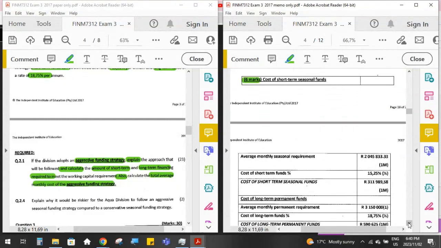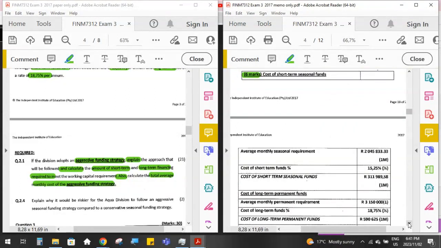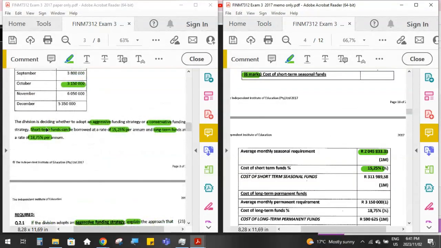So to then calculate our cost of those funds, the cost of the short-term seasonal funding is we take that average monthly amount and we multiply that by the short-term cost or short-term rate, 15.25. We calculate the amount of interest that will cost us.